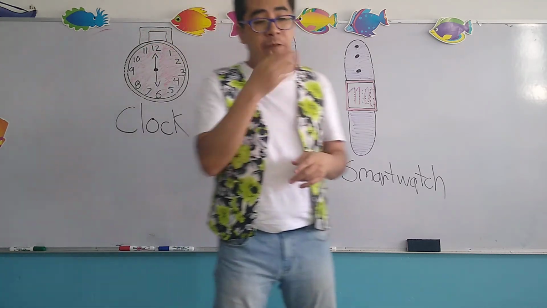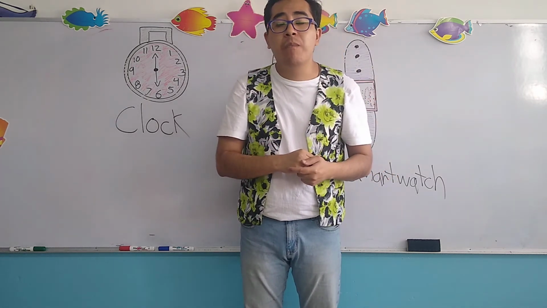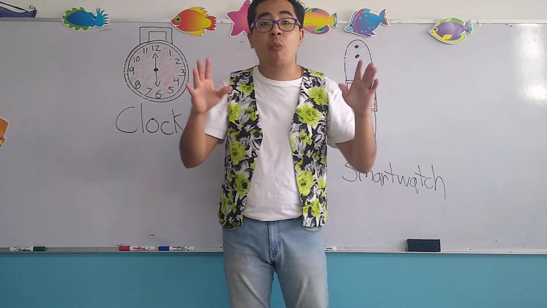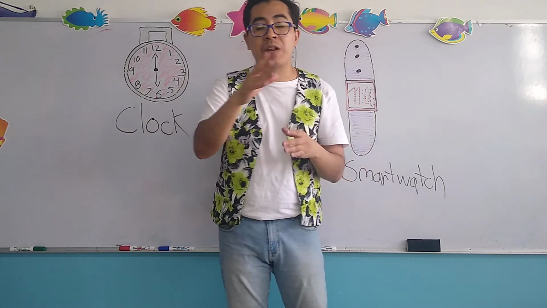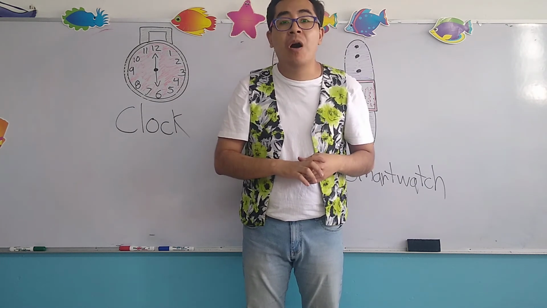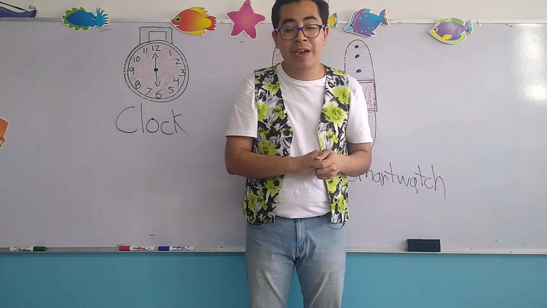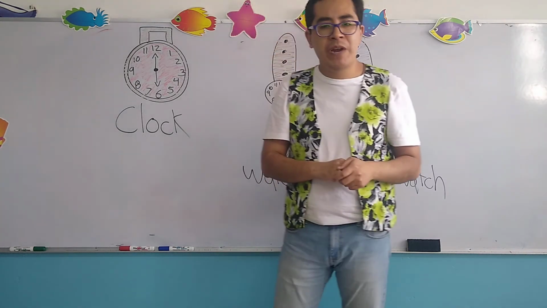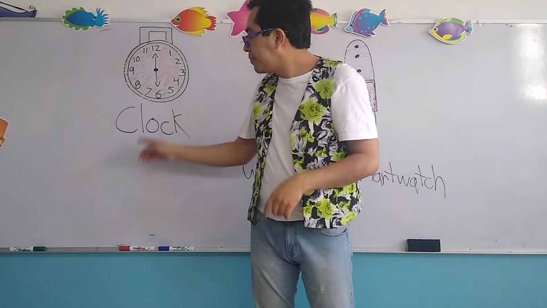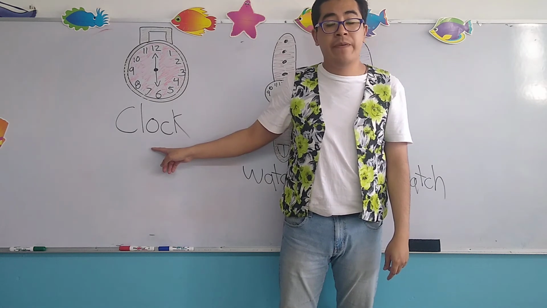Very good. So, before we finish the class, my children, let's check one more time the vocabulary of today. Because tomorrow, speaking about watches or clocks, hablando de relojes, el día de mañana, we're going to start with the review of the time. Vamos a empezar con el repaso de la hora. Okay? Very good. So, repeat after me. The teacher says it first, then you are going to repeat it. Clock. Okay, very good.